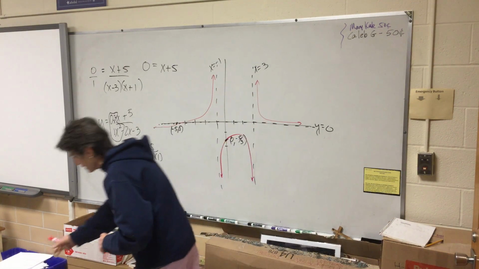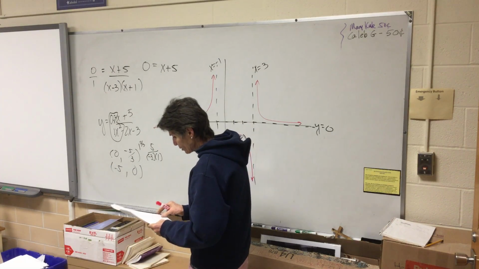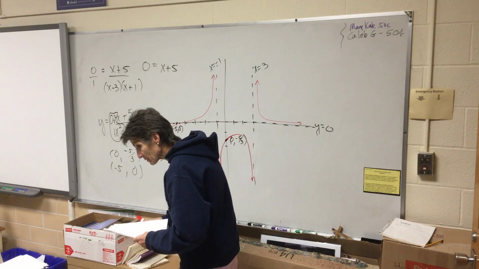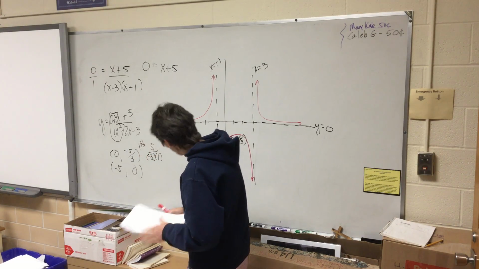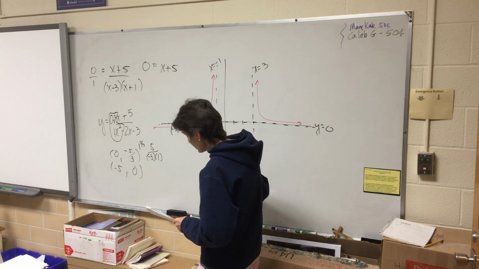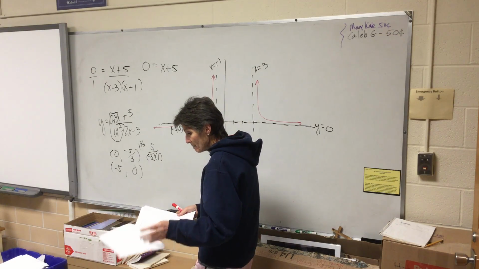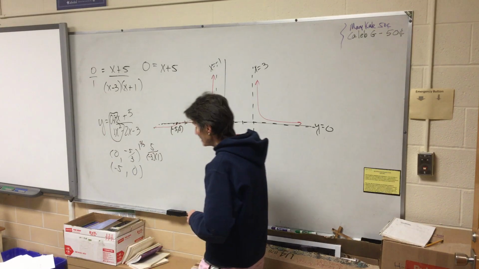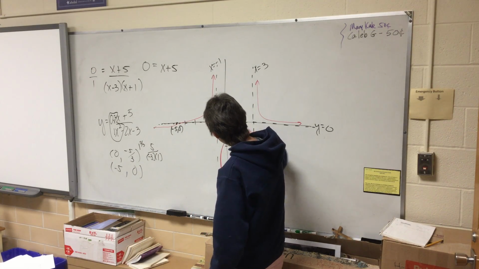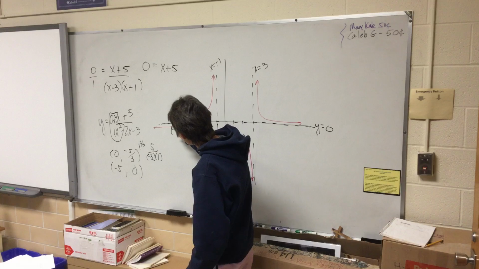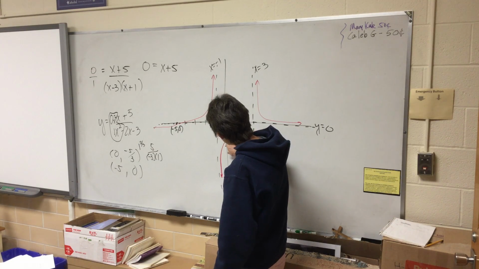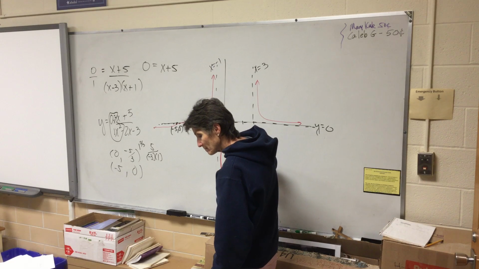That's a much harder question than I would ever put on a test or quiz. It's good for us to practice those, but I'm not going to grade you on that. How are we supposed to know that though? Like know that it's going to be a U shape? You need to know that because you need to ask yourself, what else could it possibly be? Remember, you cannot cross the axis anywhere but here. So you cannot cross that line, but the curve has to contain that point.